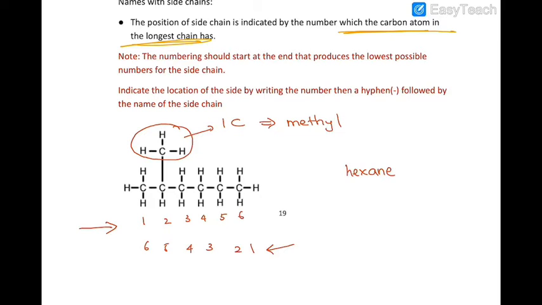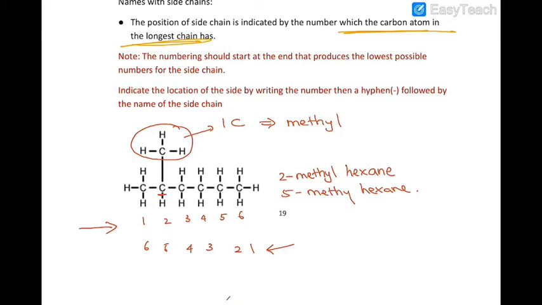Now we also need to locate that methyl. We need to say on which carbon atom on the hexane it is found. So we know it's methylhexane. We need to label its position. So one student can say it's found on the 2nd carbon, so 2-methyl. Another student can say it's 5-methylhexane, depending on how the student is counting. However, you have to be careful.